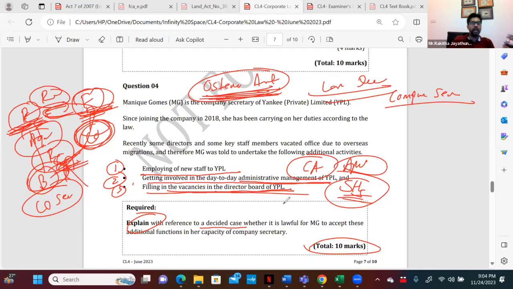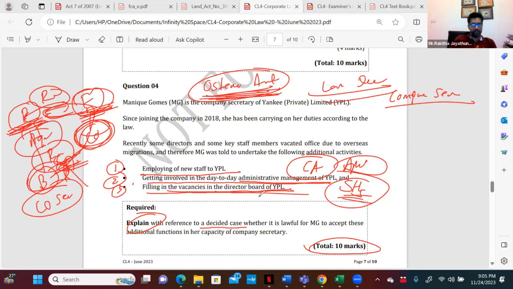So you have to explain that one by one. Employing staff, possible. Getting involved in day-to-day management, possible. But he cannot fill the vacancies in the director board of the company, because that power, if you look at section 204 and 205 of the Companies Act, to be precise, is with the shareholders of the company. So the company secretary cannot do that.